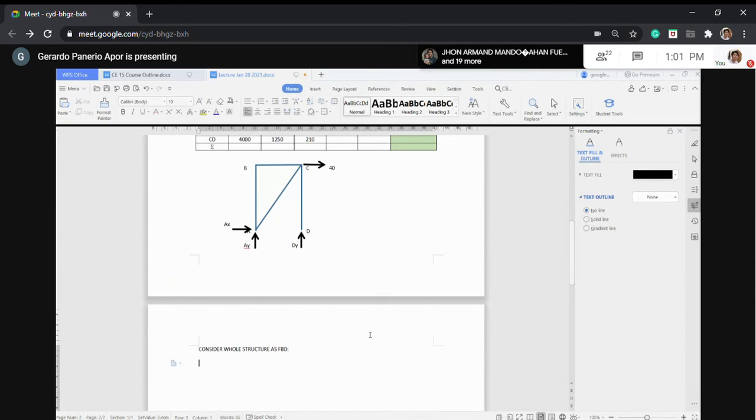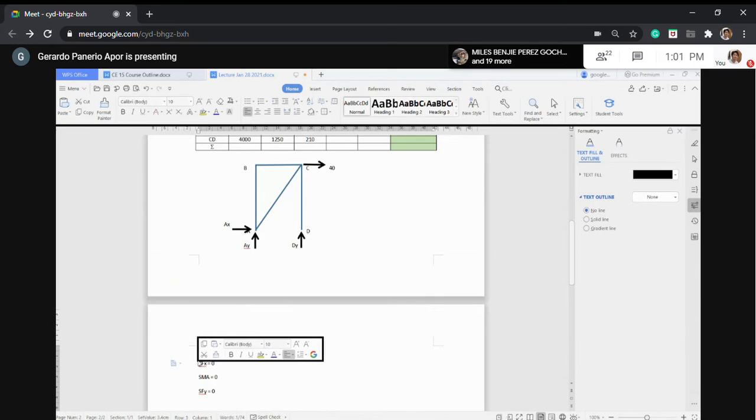So you want to make this in equilibrium. The first thing I will do is summation of forces X equals 0. Then I will do summation of moment at A equals 0 to solve the other one. And then I'll do summation of forces Y equals 0.